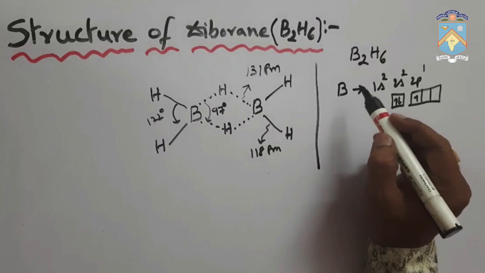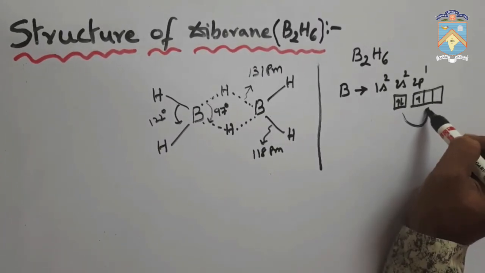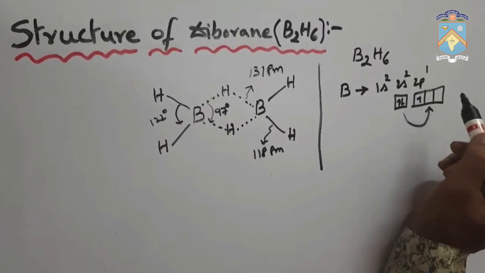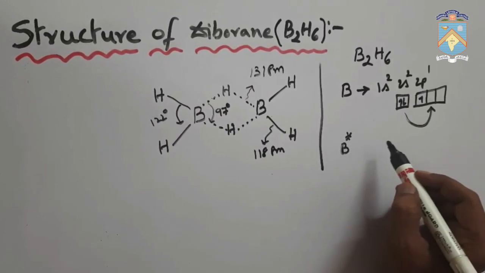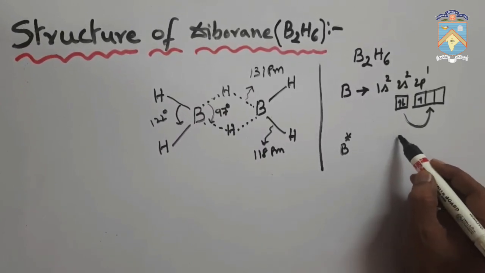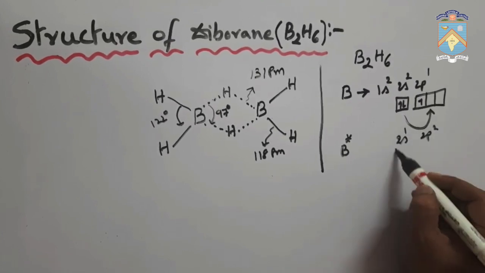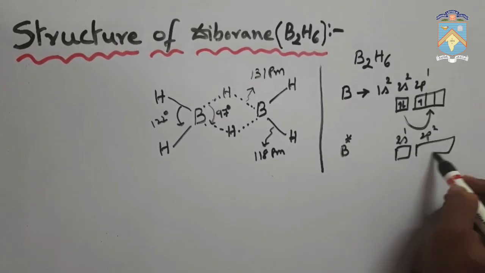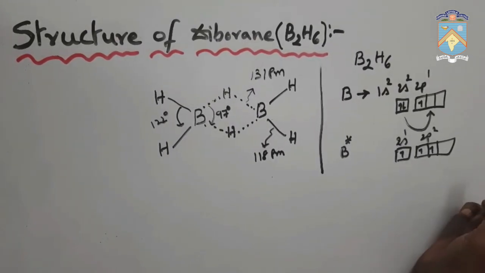But in the excited state, one electron gets promoted from 2s orbital to 2py orbital. As a result, I am going to get the electronic configuration in the excited state as 2s1, 2p2, like this. This is the scenario in the excited state.